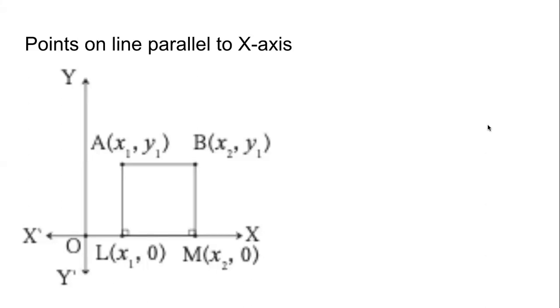So if the 2 points are on the x-axis, the distance can be calculated as x2 minus x1, where x2 is on the right hand side of x1. And if the 2 points are on the y-axis, then the distance can be calculated as y2 minus y1, where y2 is above y1. Right?